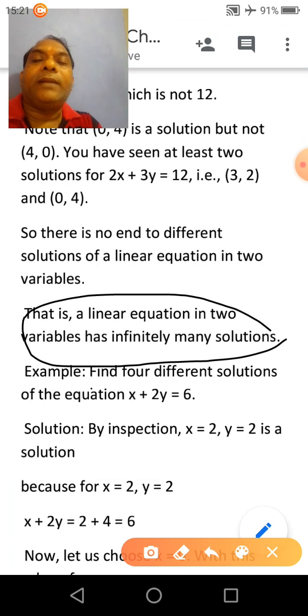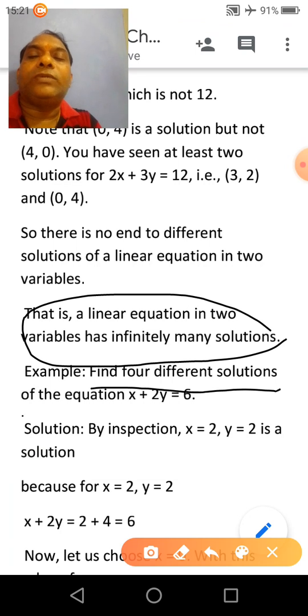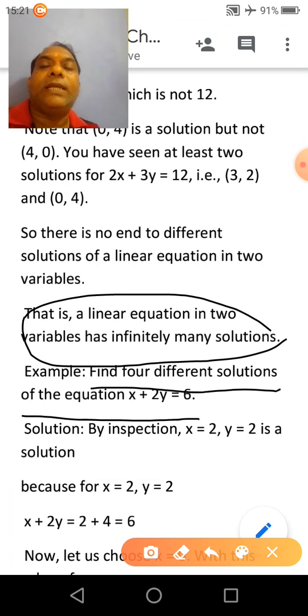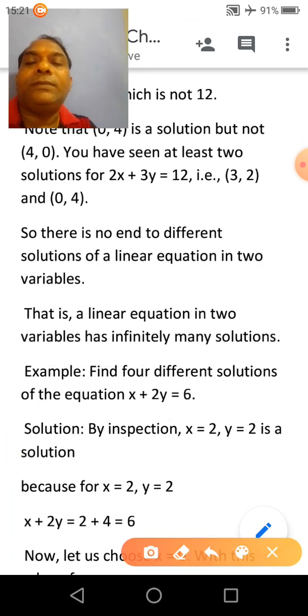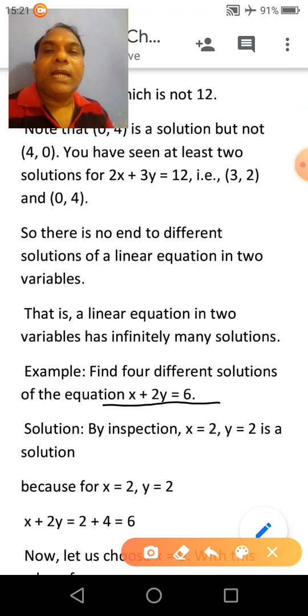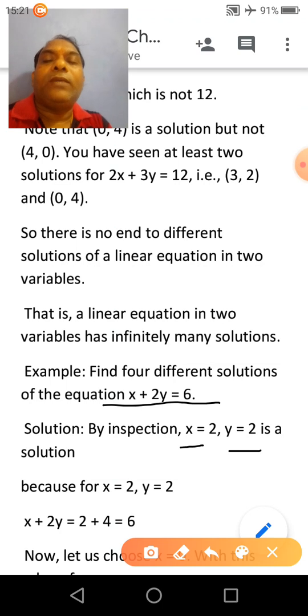Example: find 4 different solutions of the equation x plus 2y is equal to 6. Clear? So in this question, the equation is given, x plus 2y is equal to 6, and you have to find 4 different solutions. So by inspection, put x is equal to 2 and y is equal to 2.